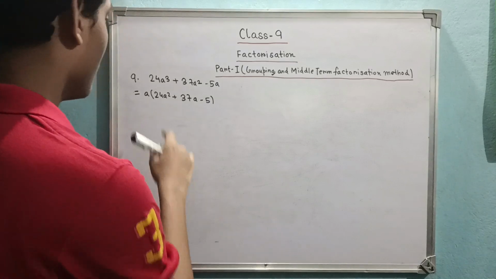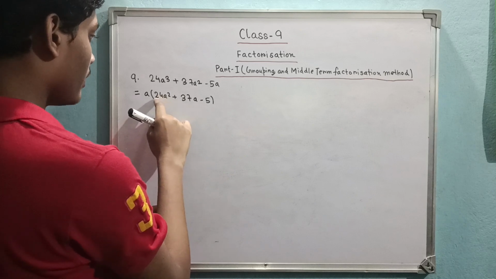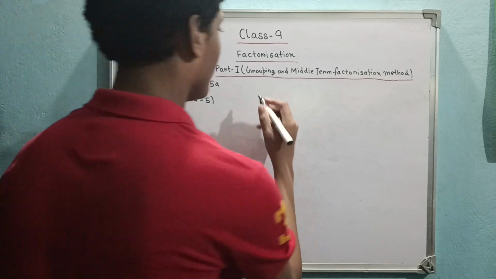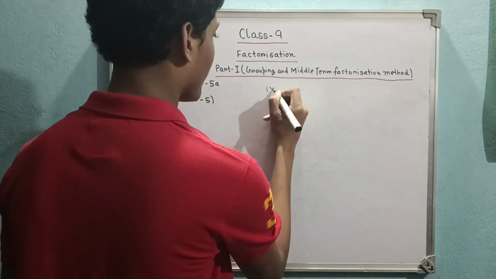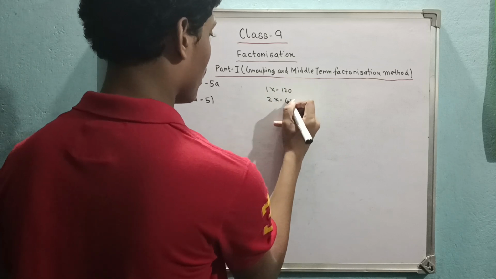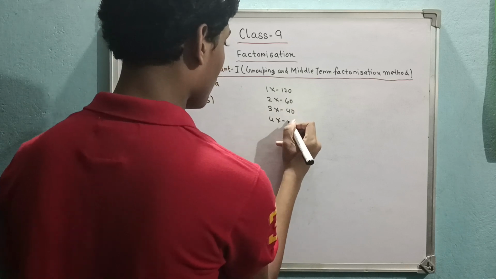Now let's see the product of the coefficients here. 24 and minus 5 is minus 120. So how can minus 120 be made? Let us see. 1 into minus 120, 2 into minus 60, 3 into minus 40, 4 into minus 30.